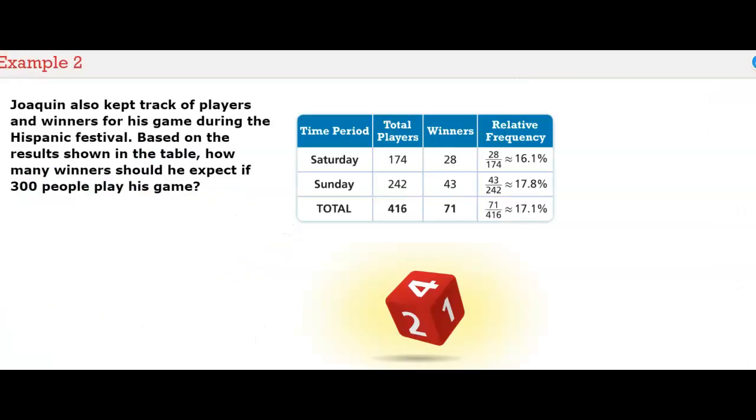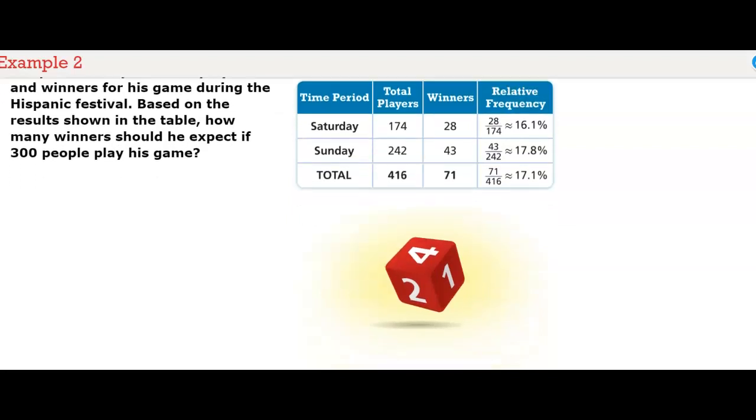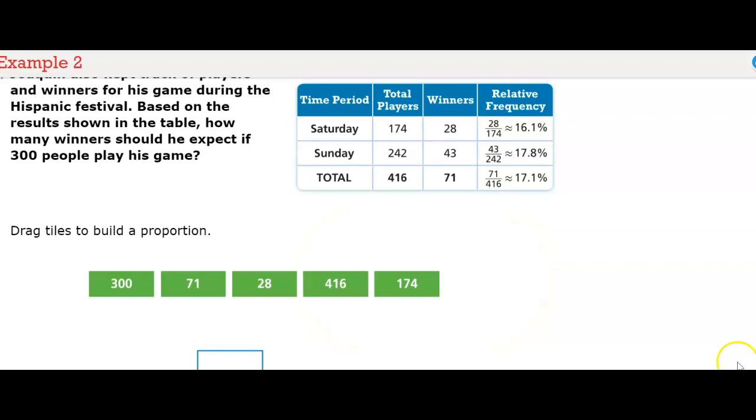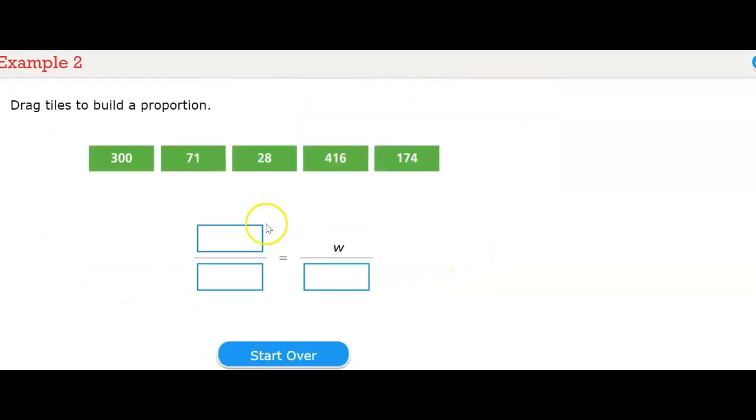Joaquin also kept track of players and winners for his game during the Hispanic Festival. Based on the results shown in the table, how many winners should he expect if 300 people play his game? We have the table here that tells what was happening on Saturday, Sunday, and then the total. It also tells us to drag the tiles to build a proportion.